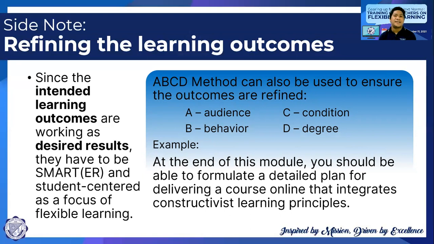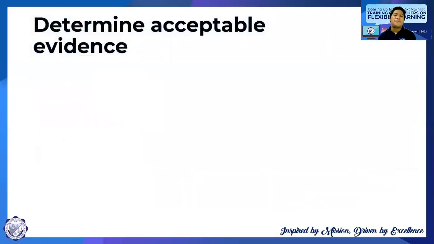Okay, things like that. So we proceed now to stage 2 of the backward design, which is to determine acceptable evidence. So after knowing what will be your desired results from your students, you need to identify now what will be the acceptable evidence, which will answer the following questions.